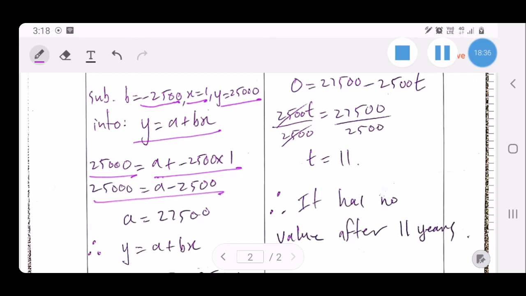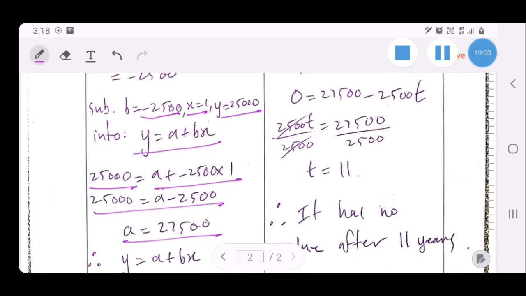Okay, now I'm going to solve this by using my inverse operations. The opposite of negative 2,500 is positive 2,500. So I'm going to add 2,500 to the left and the right hand side of the equation, and I get a equals 27,500.